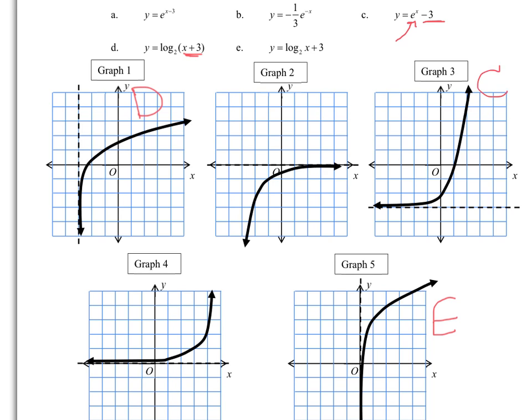So that would be graph 3. Graph B has a reflection over the x-axis because of the negative coefficient, so that's graph 2, meaning graph 4 then is A.